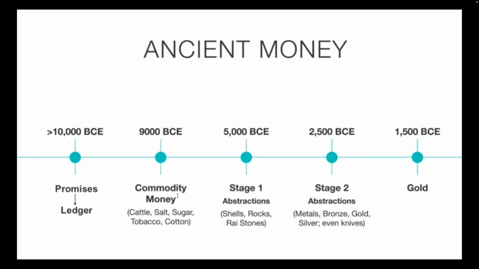And then we started doing exchange with commodity money, which is like a barter. We call it barter exchange. So barter was basically exchanging a particular item for another particular item. So I have a sheep, you have potatoes, I give you my sheep, you give me potatoes, right?